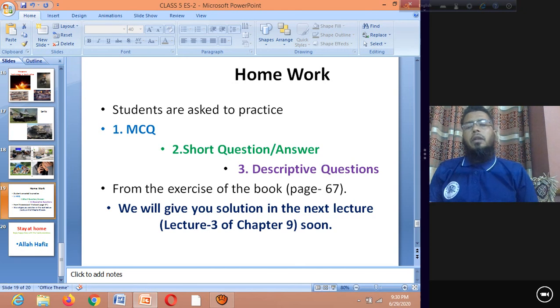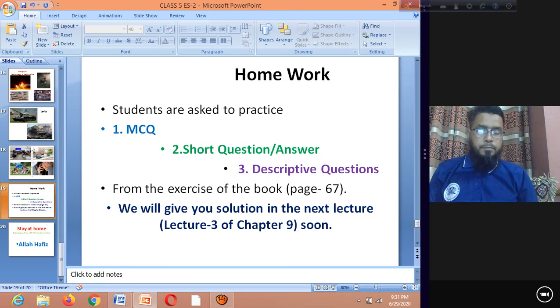Students are asked to practice MCQ, short question answers, and descriptive questions which are given in your book, page number 67. So I think you all have understood the chapter. I took 2 classes to finish the chapter, and in my next lecture I will give you the solution of the questions.